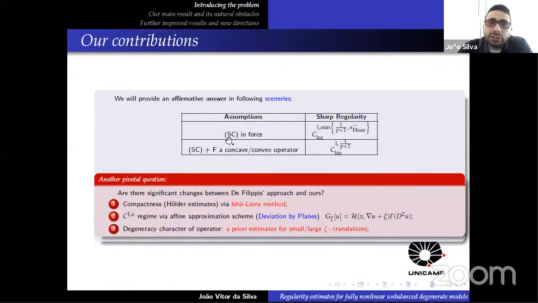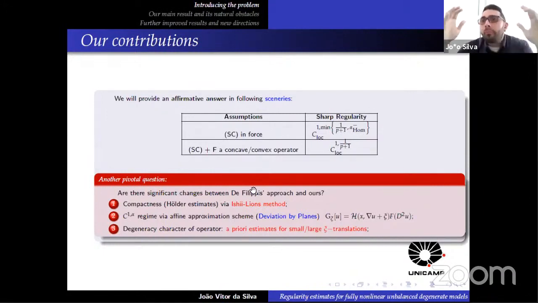When you invoke the structural conditions, solutions are C^{1,α} with α the minimum between 1/(p+1) and α_homogeneous minus. Alpha homogeneous minus means that we can select any number between 0 and α_homogeneous. Alpha homogeneous is the Hölder exponent for the gradient of the solutions of the homogeneous problem with constant coefficients.